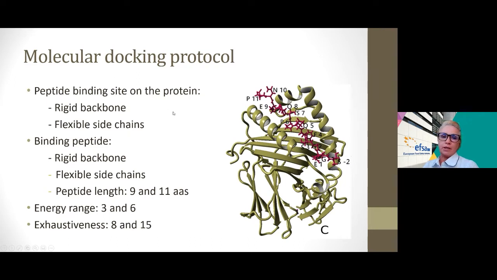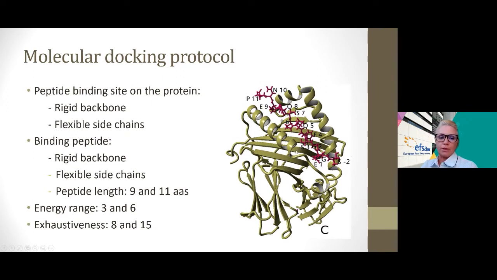These are the settings from the docking protocol. The backbones of the binding peptide and the backbones of the amino acids from the binding site were kept rigid. The side chains were set flexible.